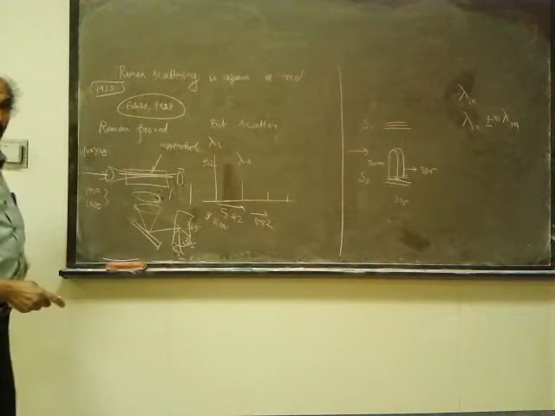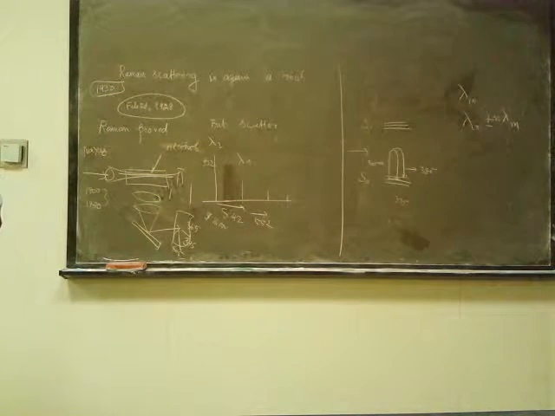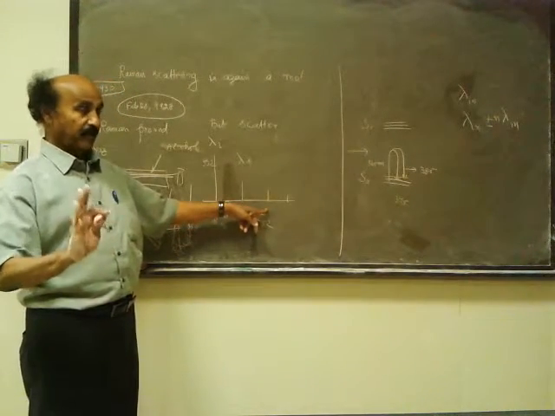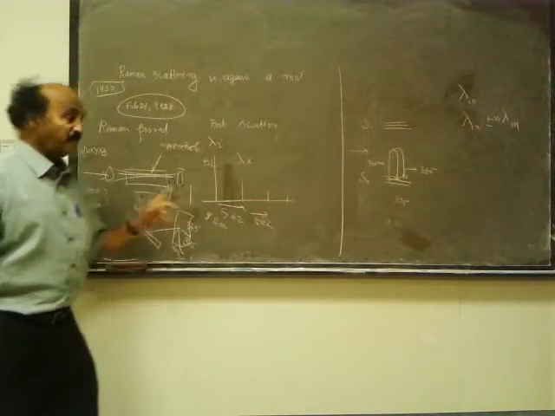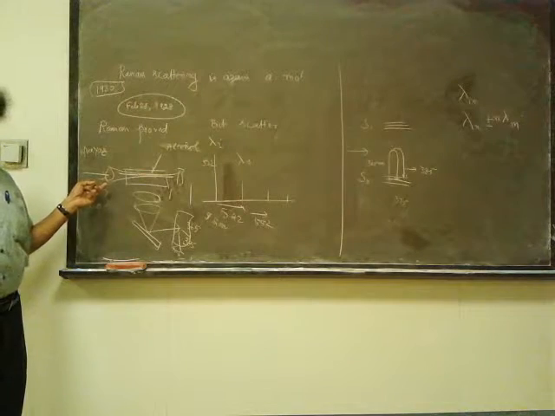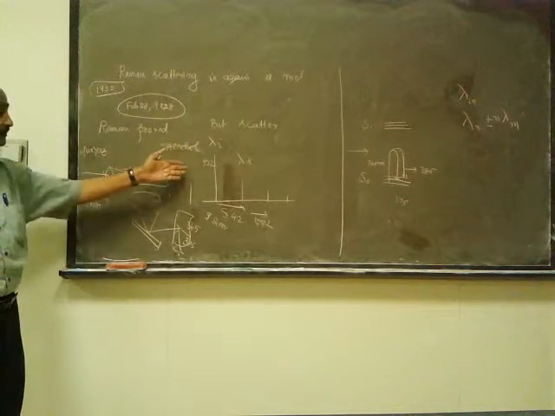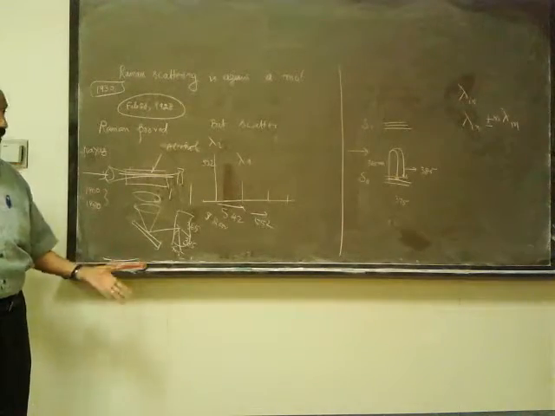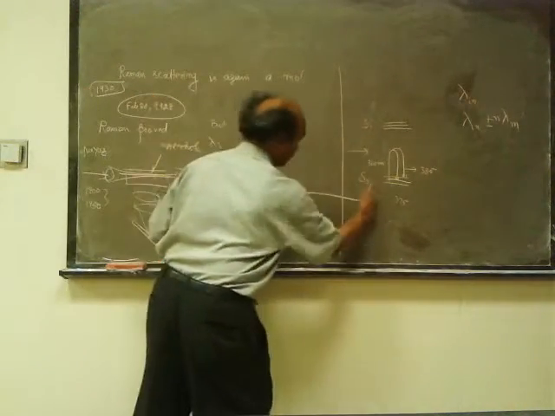But how many wavelengths can we get? Usually I can get 2 or 3 if the laser power is weak. If the laser power is very strong, and if this particular material is really good, I can get up to here.